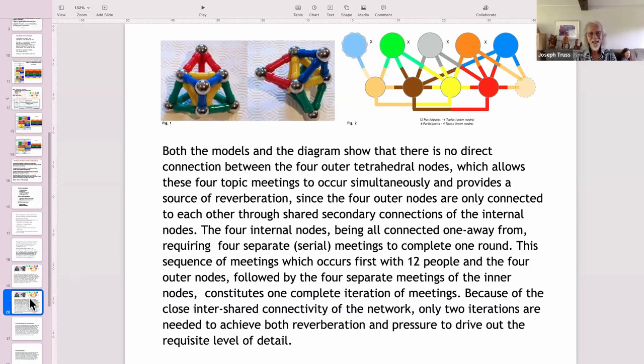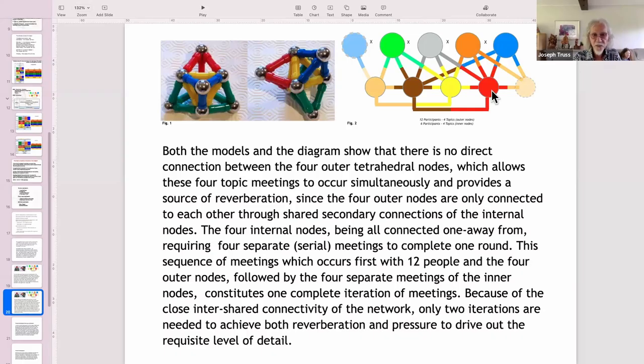Both the models and the diagram show that there is no direct connection between the 4 outer tetrahedral nodes, which allows these 4 topic meetings to occur simultaneously and provides a source of reverberation. Since the 4 outer nodes are only connected to each other through shared secondary connections of the internal nodes, the 4 internal nodes, being all connected one away from, require 4 separate serial meetings to complete one round.